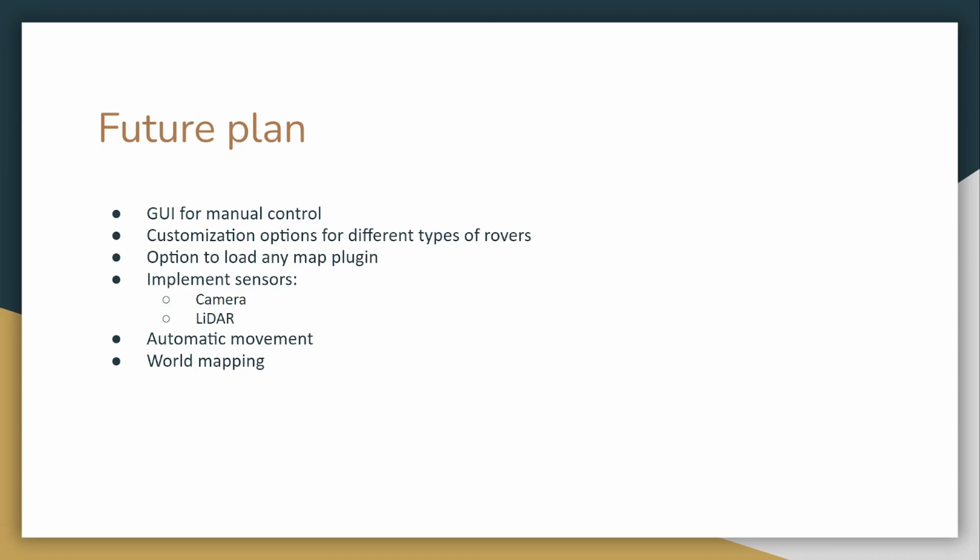We would also like the option to load any map, because in the real world you just have to keep the rover, but in our simulated environment we would like to plug in any sort of map, run the rover from it, and let it discover. Following on, Jiayu will speak more about this.